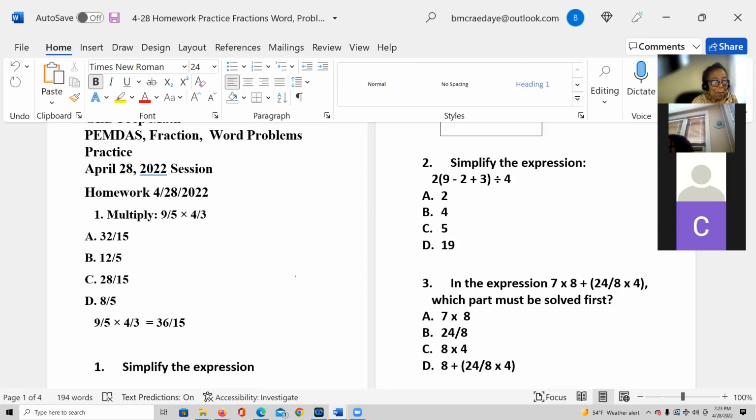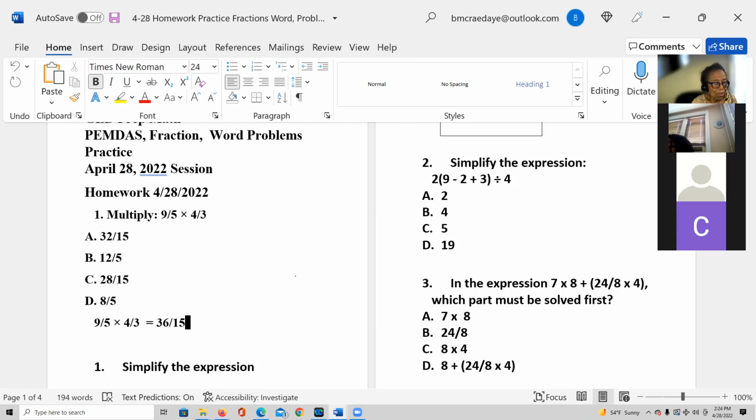Okay. But remember what we said, the rule is for fractions, whether it's multiplication, division, subtraction, addition, you always simplify. It may not say simplify, but like you say, none of these answers are there. But an answer there matches 36 over 15.